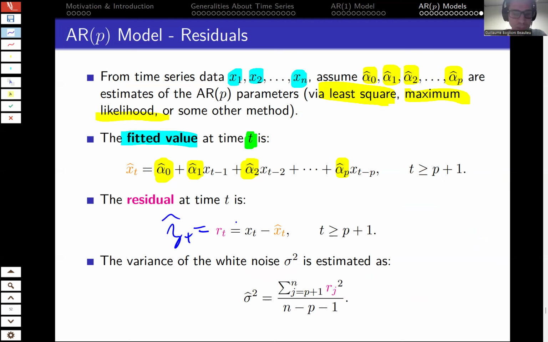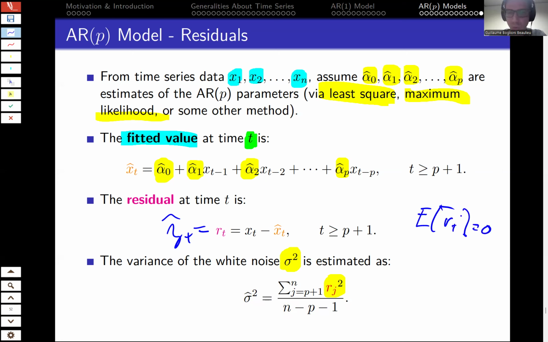Now, as a comment, you can easily find an estimate of the variance of the white noise. An estimate of sigma squared would be as given here. It is simply the sum of all the squared residuals divided by n minus 1 minus p. Well, yes, because the residuals have a mean of 0.